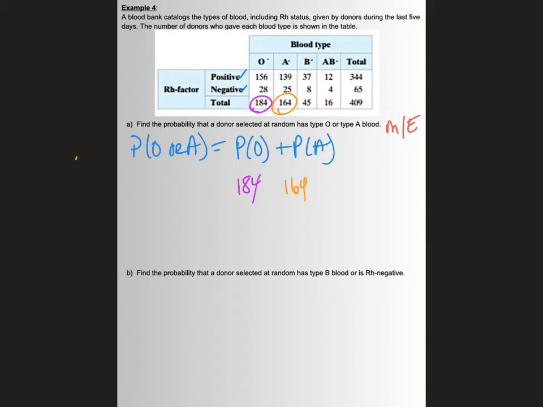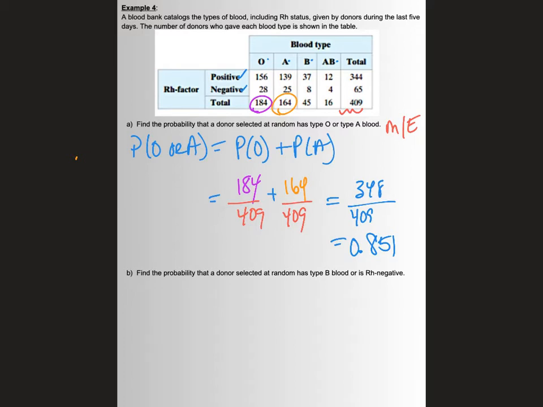Okay, so we are just going to add those two together. They will be over 409. There are 409 total people that donated. I apologize. So when you add those two fractions together, the probability that they are O or A will be 348 over 409, which is 0.851.